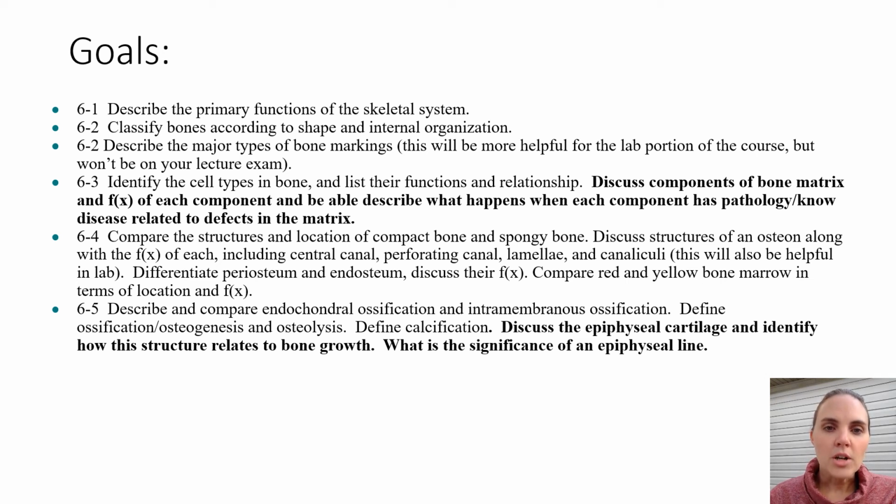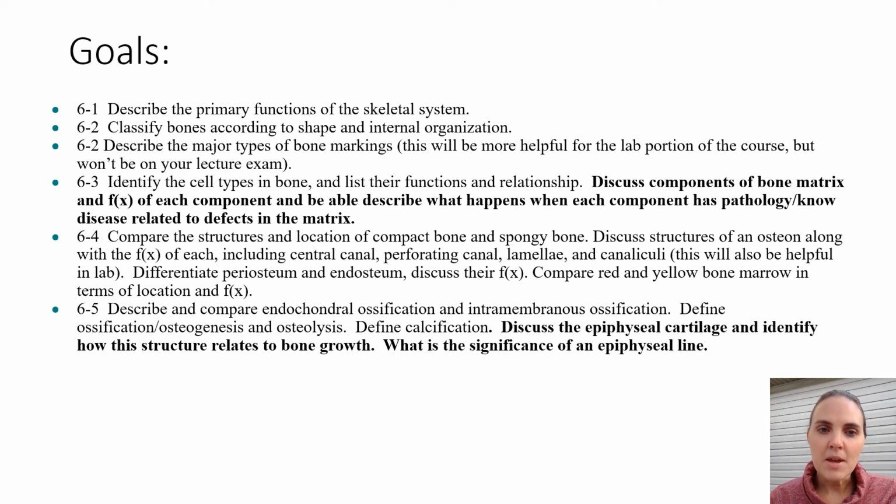To compare the structure and location of compact bone and spongy bone, and discuss the structures of an osteon. We saw an osteon in our tissues unit, so we're going to revisit that, including some of the structures within.